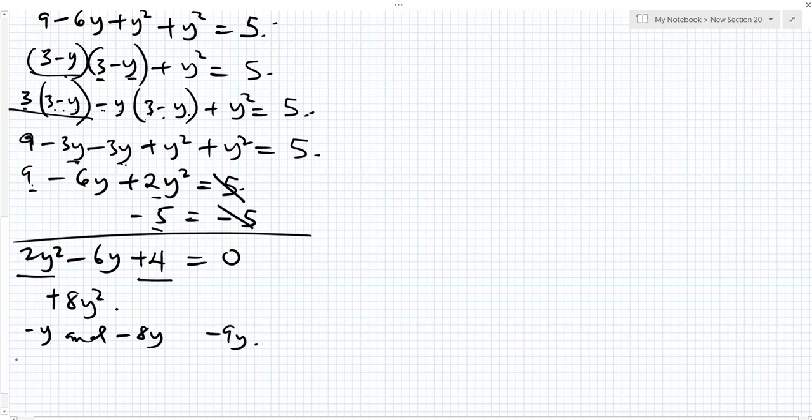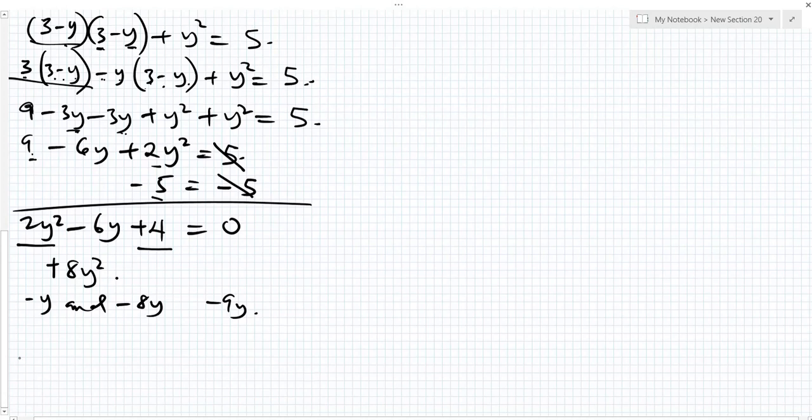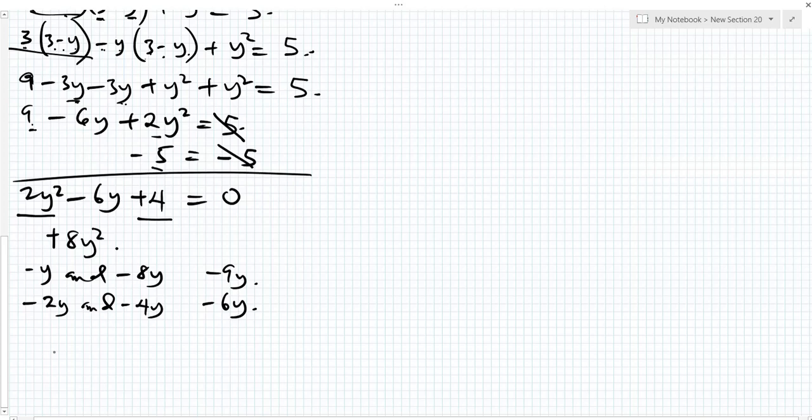The sum will give you minus 9y. So another factors of this, you have plus 8y squared. You have minus 2y and minus 4y. So this will give you minus 6y. So this is the two factors that when you sum them together it will give you minus 6y, which is this. So we're going to replace this minus 6y with these two factors in this equation.